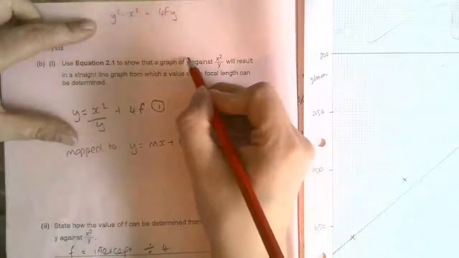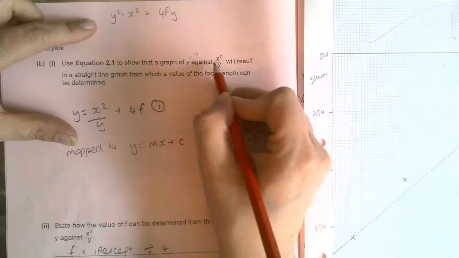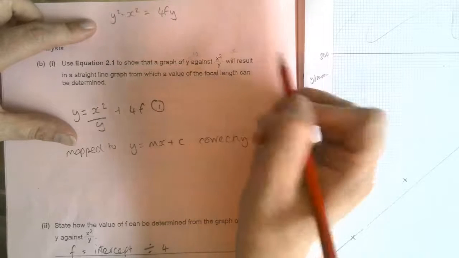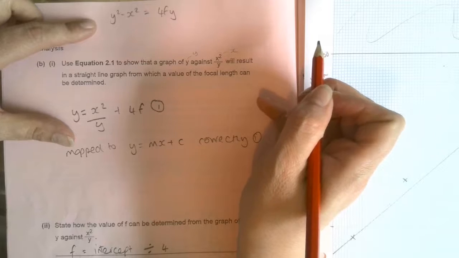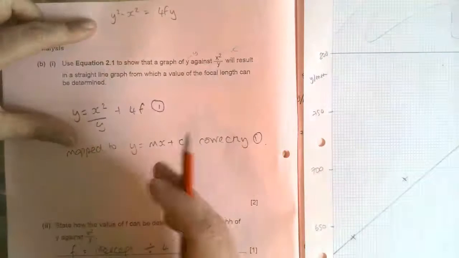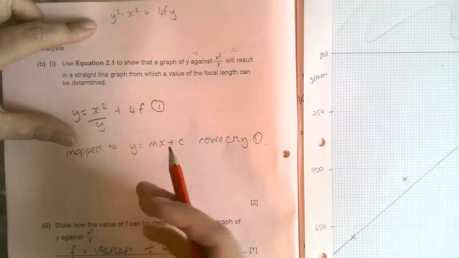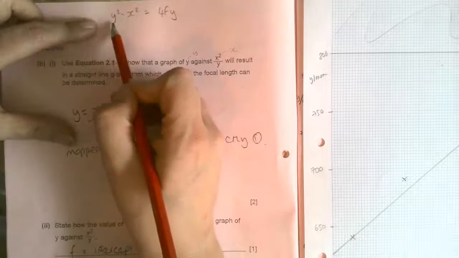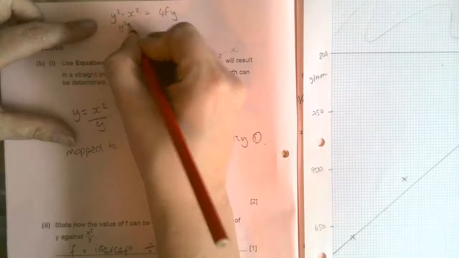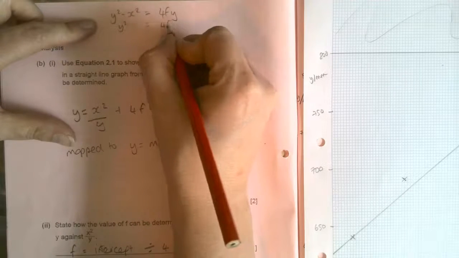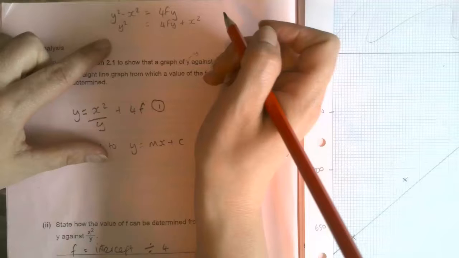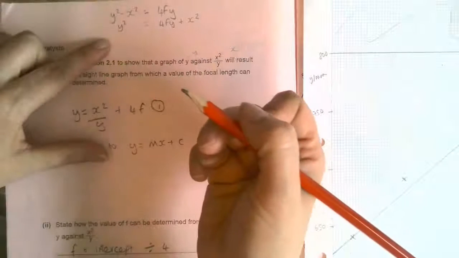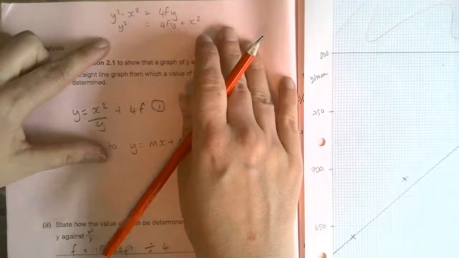So y is going to be your y-axis against x squared over y is going to be your x-axis. Keep that in mind whenever you are working your way through this. You want to be getting it so that it can be compared to y equals mx plus c. So I'm going to get this on its own first of all. So y squared equals 4fy plus x squared. And then, because I need y, I'm going to divide the whole thing by y.